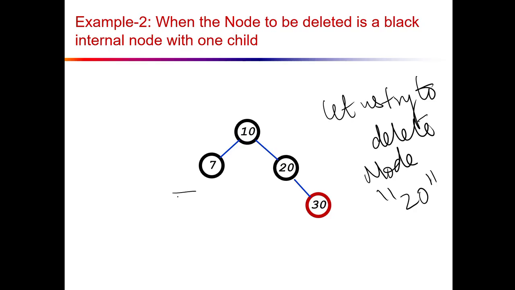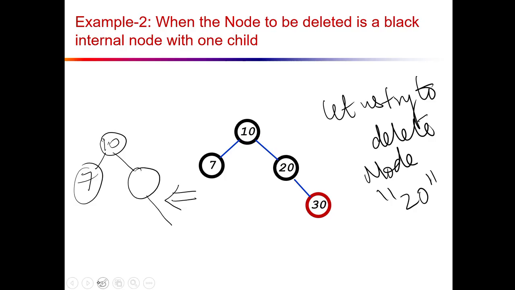I cannot delete node 20 at its present position, so I need to perform certain amendments. After replacement, that means I will replace this 20. It has only one child, so I can replace 20 with only that one particular node, its child.